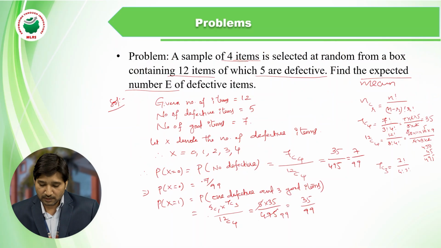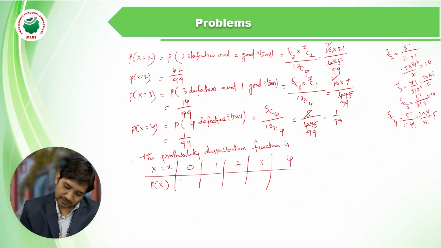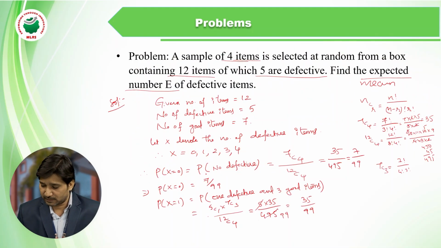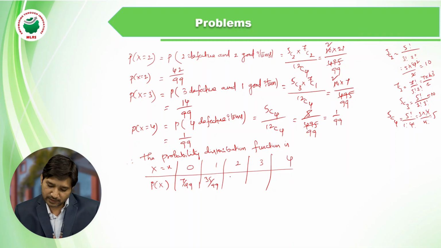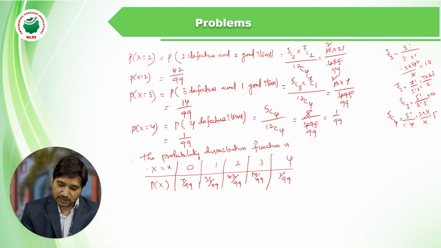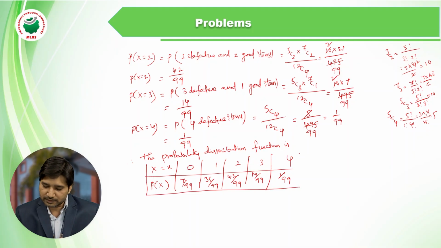X equal to 0 means 7 by 99. X equal to 1 is 35 by 99. X equal to 2 means the value is 42 by 99, and X equal to 3 is 14 by 99. Okay, and X equal to 4, we will get 1 by 99. These are the probability distribution function.